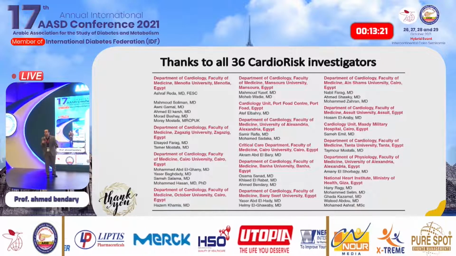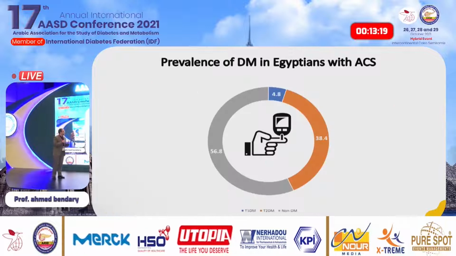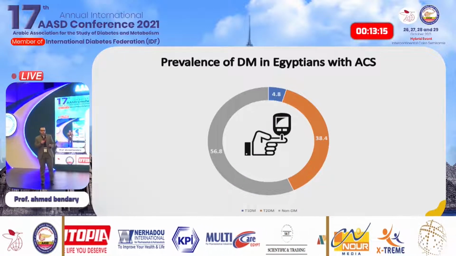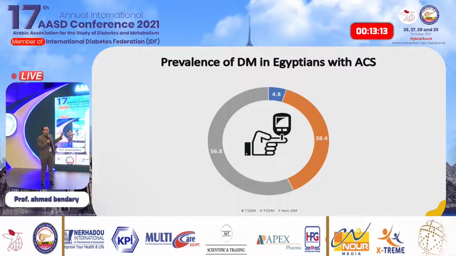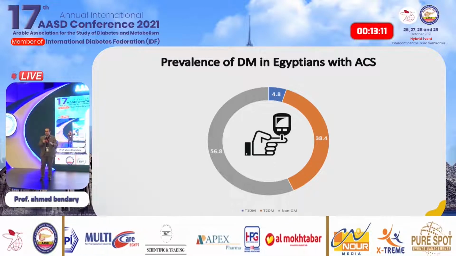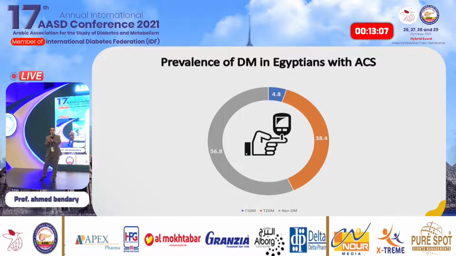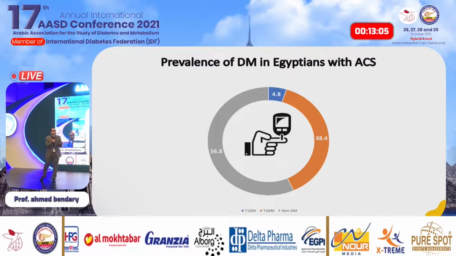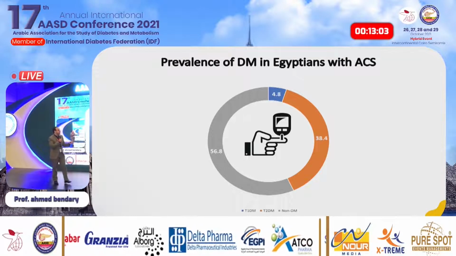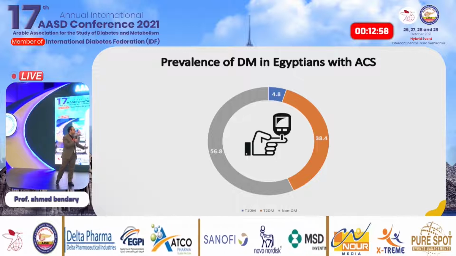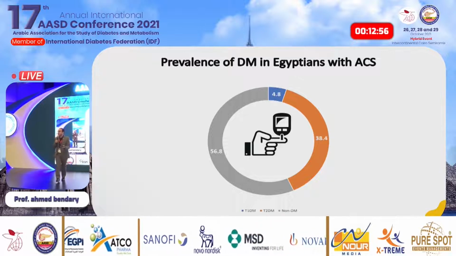And now to the data. First, what's the prevalence of diabetic patients in Egyptians with acute coronary syndrome? Collectively, type 1 and type 2 diabetes represented more than 43% of all Egyptian patients with acute coronary syndrome, which simply means about 1 in every 2 patients with acute coronary syndrome presenting in the Egyptian coronary care units have diabetes.